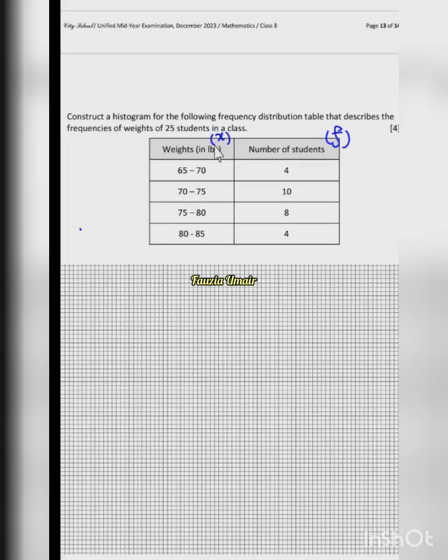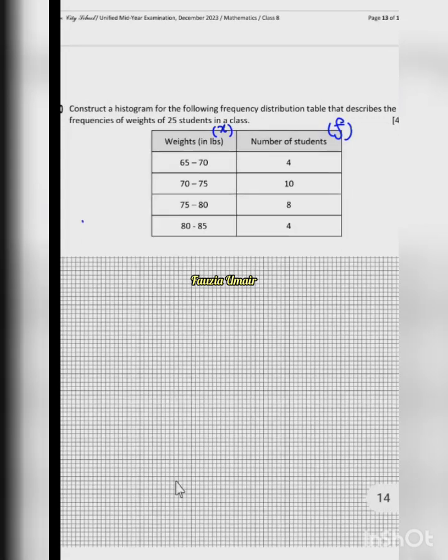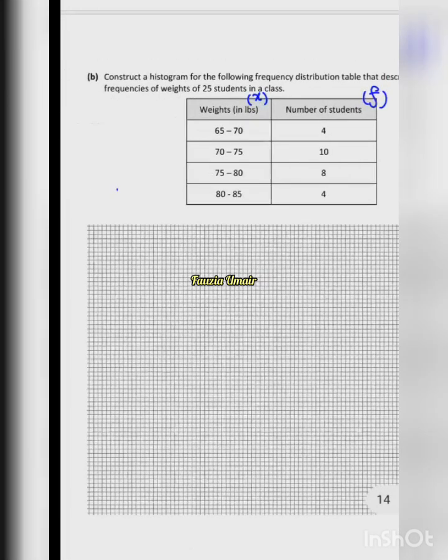It means that 4 students are having weight between 65 to 70. So 4 is basically frequency. Are you getting this? So why is it important to recognize these values? Because the frequency is on the y-axis and the x is on the x-axis.